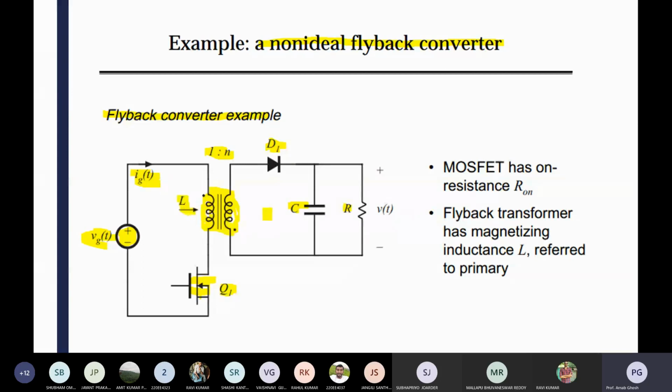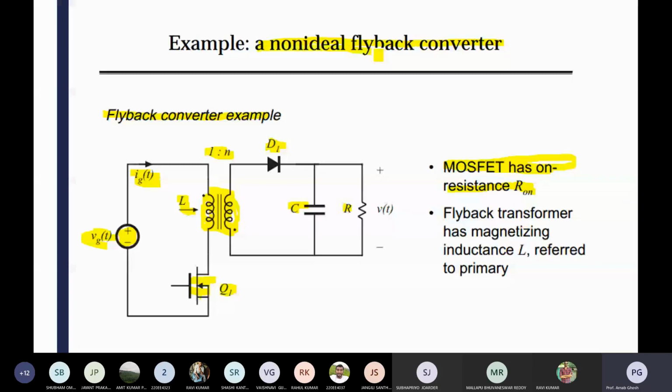Here the on-resistance of the MOSFET is RDS on, which you are considering, so you can call it a non-ideal flyback converter.